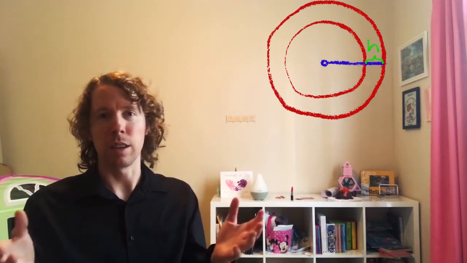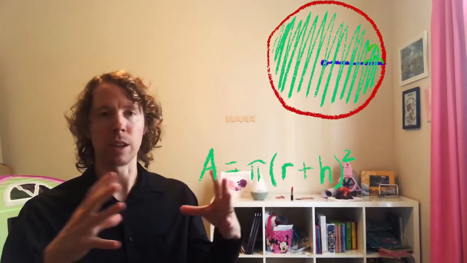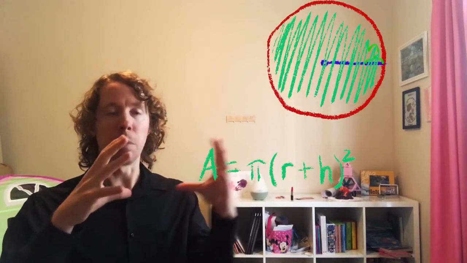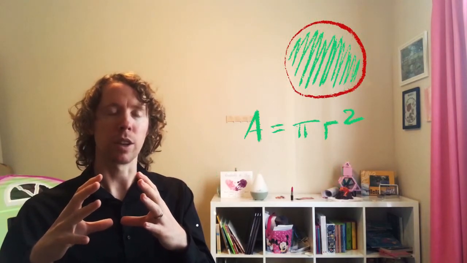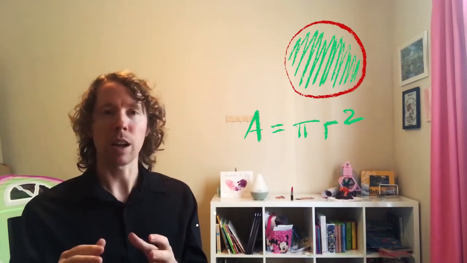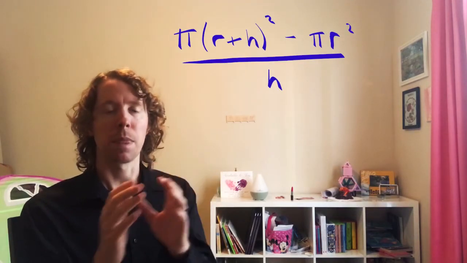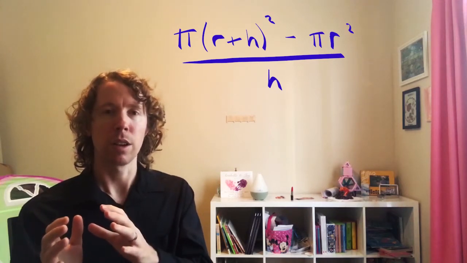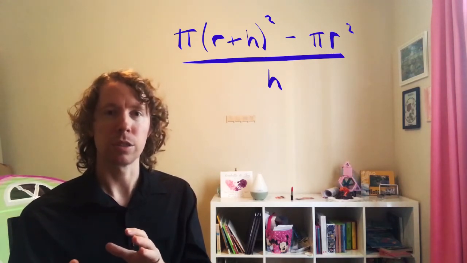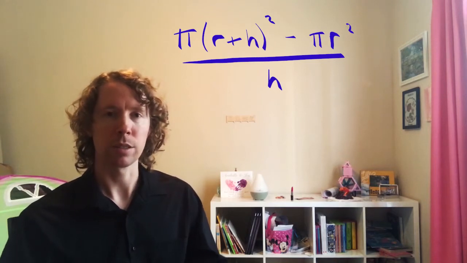Then we find the second area: the bigger area minus the smaller area, divided by the change in the radius. So that's A of r plus h minus A of r, divided by h. h is the change in the radius.